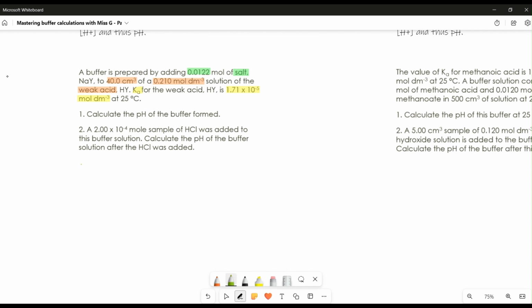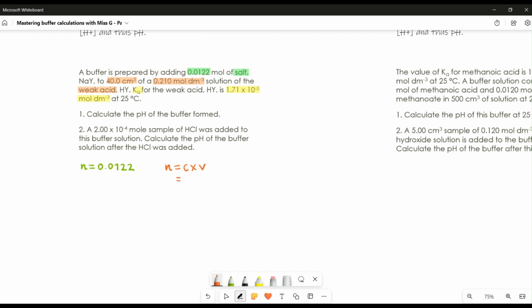So we've already been given the moles of the salt as 0.0122, so there's no calculations required for that. But for the weak acid, we have been given a concentration and a volume.